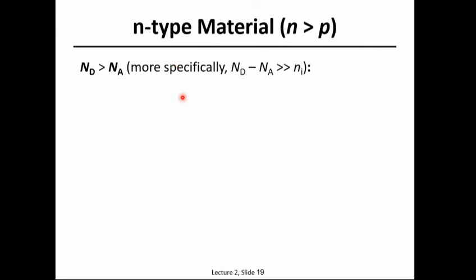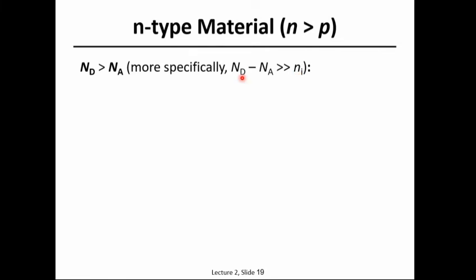In N-type material, it is mainly the donor density or the doping. So the donor density minus Na will be much greater than Ni.